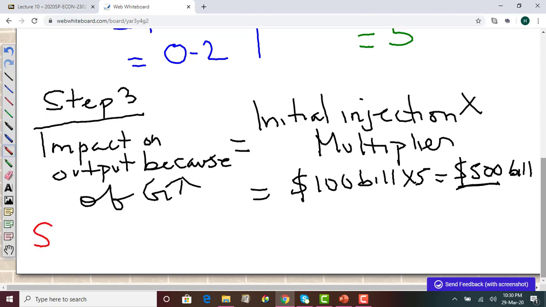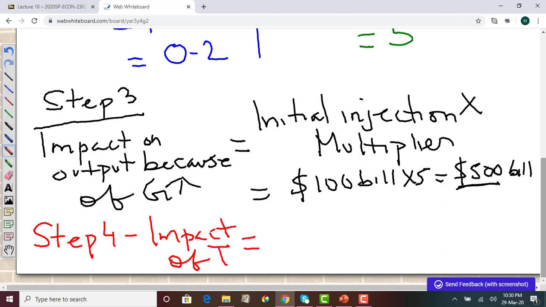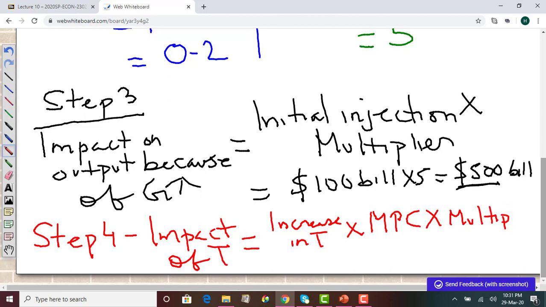The impact of taxes is given by, remember, increase in tax times your MPC, marginal propensity to consume. This is not MPS, this is MPC, times your multiplier.